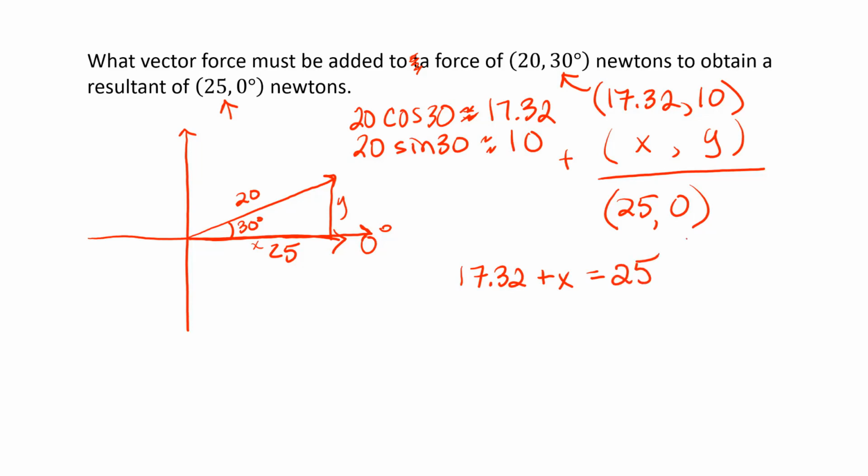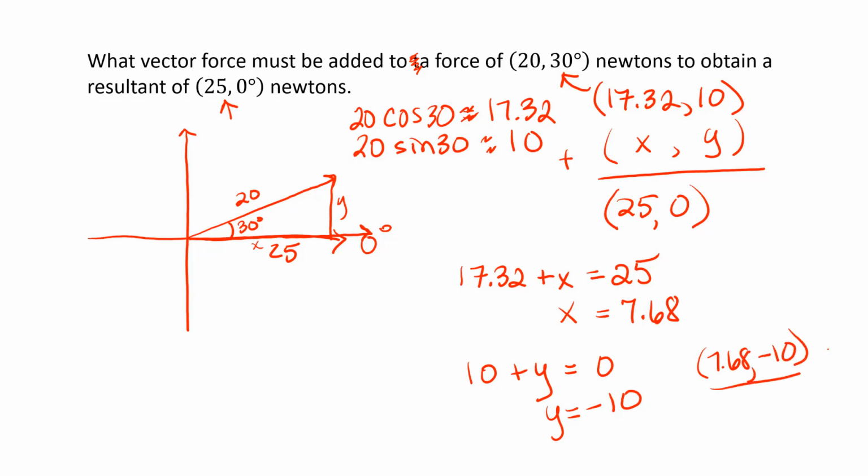So if we're just working with the x part of this, we'd subtract 17.32 on each side, and we would get that x is 7.68. And then to find y, we'll say 10 plus y is supposed to be 0. So y would be negative 10. So the vector we would add would be 7.68 and negative 10. So this would be the vector we would add, but that's in rectangular coordinates.